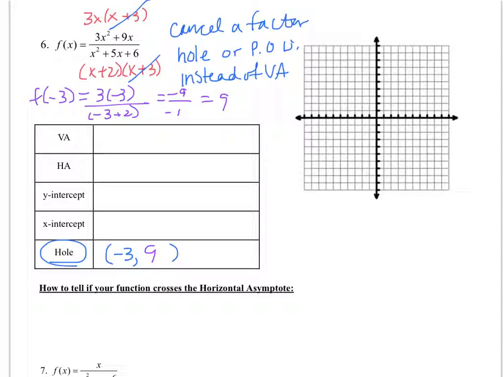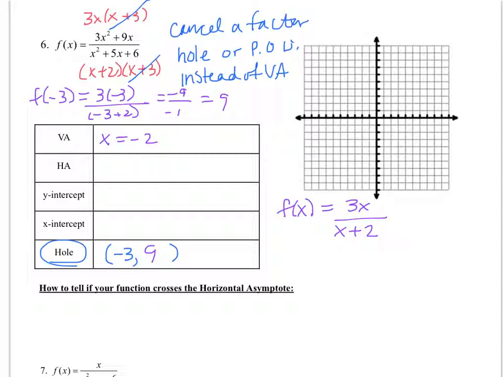Now, since the other factor, the x plus 2, did not get canceled away, I still have a vertical asymptote at x equals negative 2. For my horizontal asymptote, I want to look at the ratio of those coefficients. Whenever a function can be reduced, we always want to consider the reduced function from that point forward.